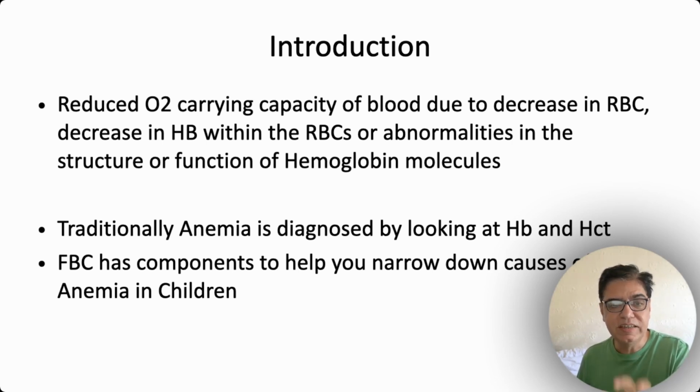The problem is that there is reduction in the oxygen carrying capacity, and there could be various reasons for that: either there is a decrease in the RBC mass, like the RBC numbers are decreased, or there is a decrease in hemoglobin within these RBCs, or the hemoglobin may be abnormal in structure or function. The hemoglobin might be normal in quantity but still might not be able to function properly.